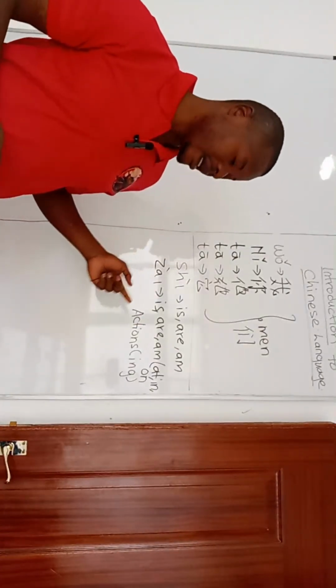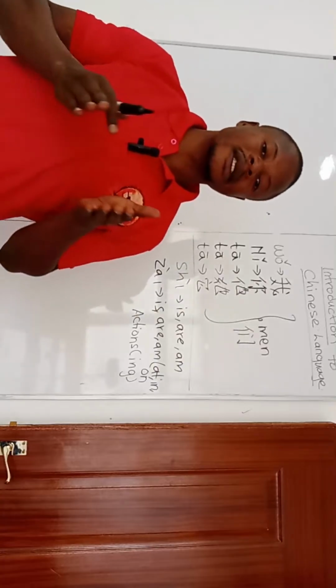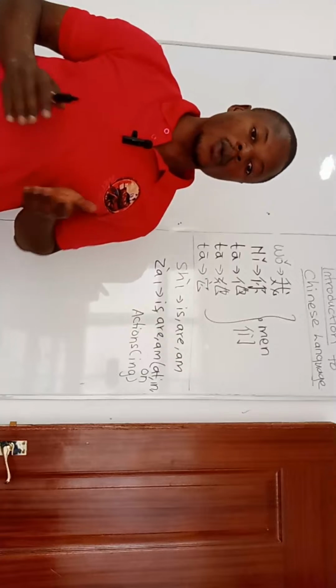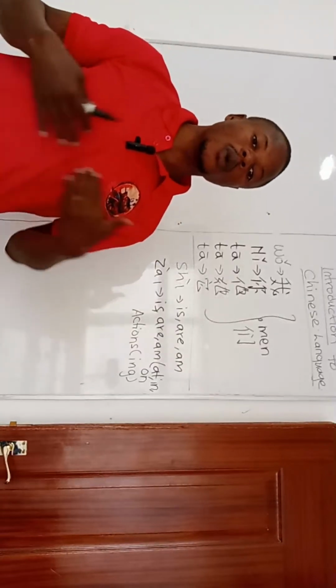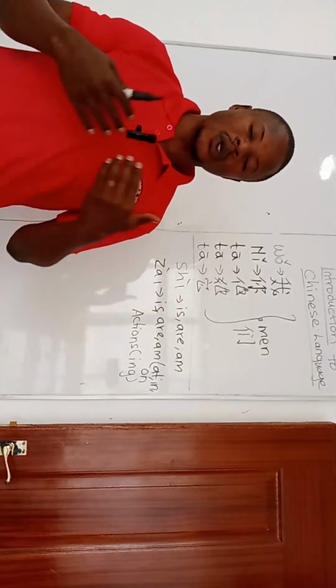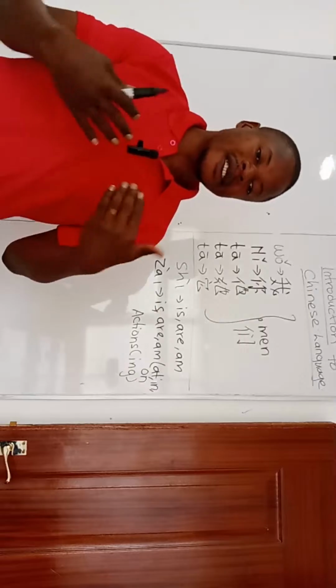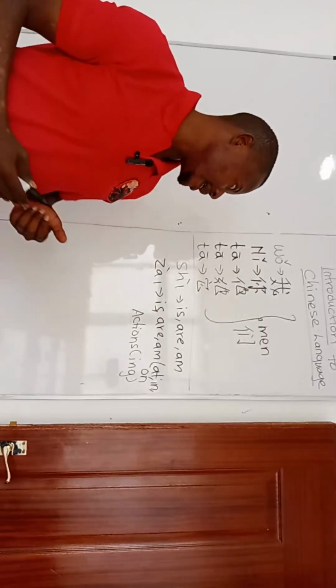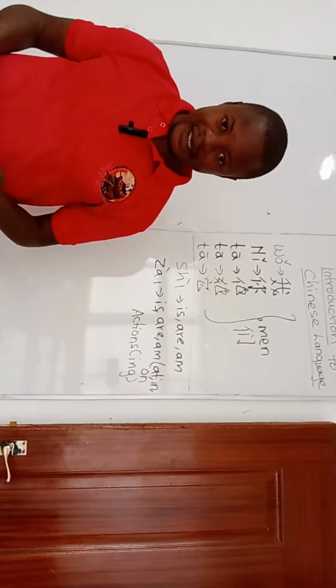Then I want to describe the actions. I want to describe where I am. So I say 我在学校. I am at school. 我在家. I am at home. 我在教室里. I am in class.